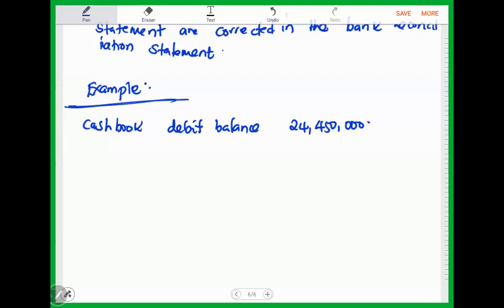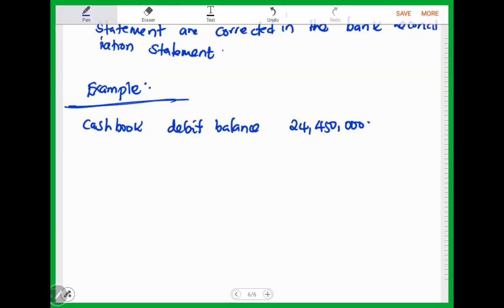Uncredited check. In other words, this check specifically had been properly received, recorded in the cash book, but we had not taken it to the bank to credit our account.